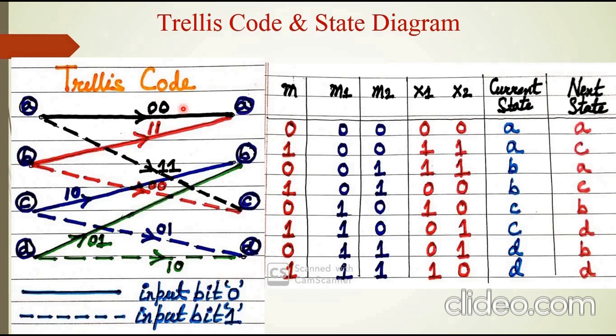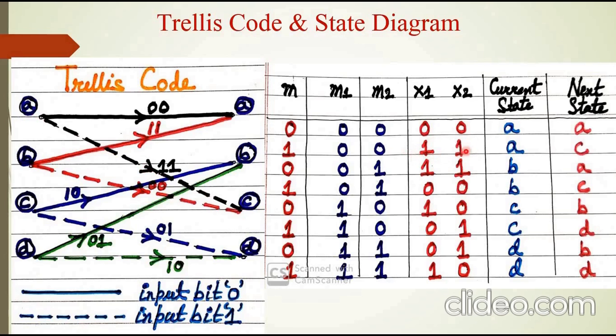Okay. If current state is A, input is 1, then next state will be C. So it will go from A to C, and on that line we represent the output.